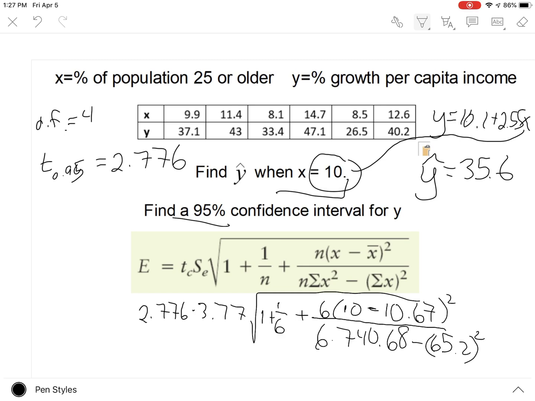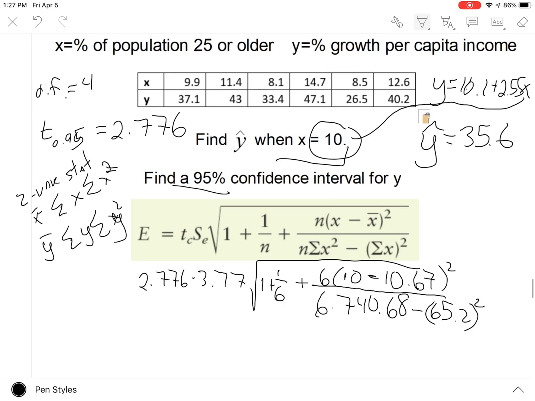Now, I am going to use the 2-Var Stats to get my x bar, my sum of x, my sum of x squared. That's also going to show me my y bar, sum of y, all those lovely numbers that I might need to plug into there.